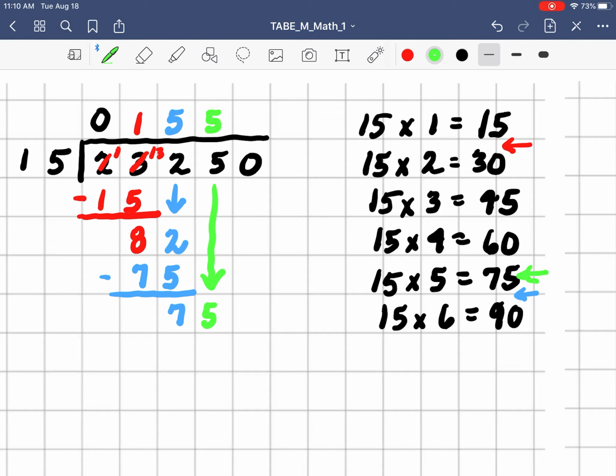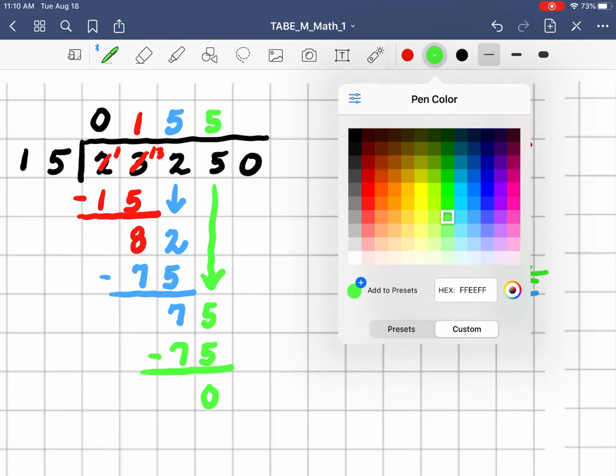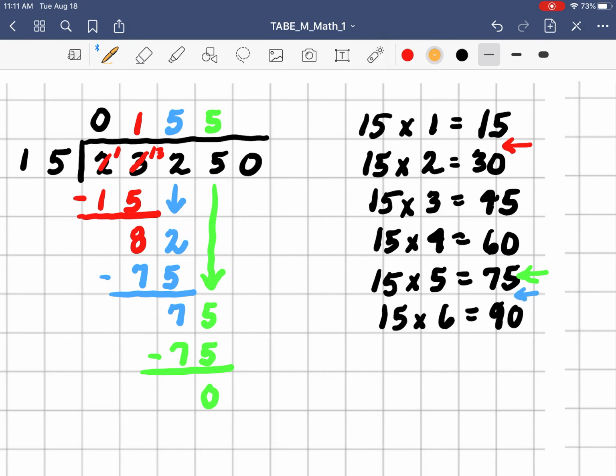That's exactly a 5. 75. Subtract 0. But we're not finished, because we still have another number under that house that we have to use. It has to come down if it's under the house. So bring it down there.